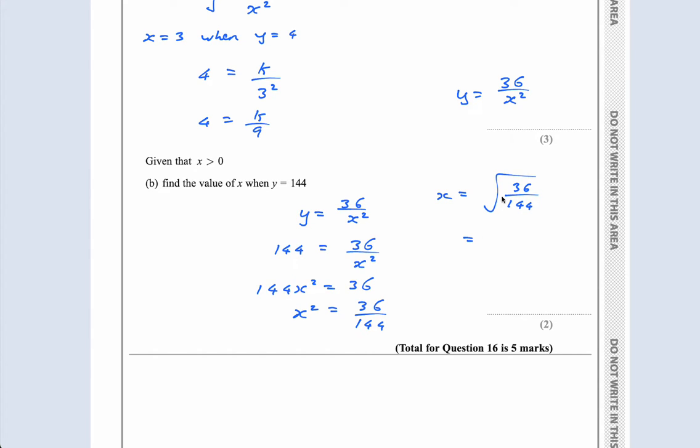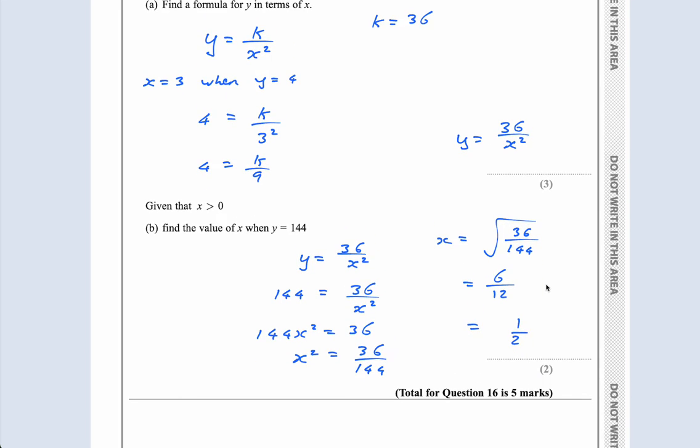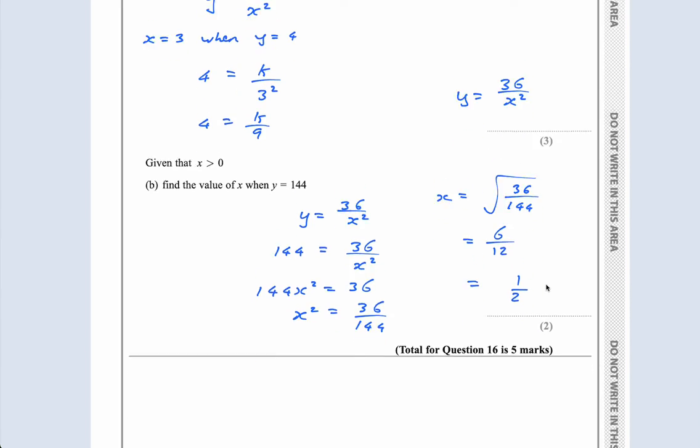Use your calculator, guys, but I actually know the answer. It's going to be 6, because the square root of 36 is 6, over 12, because the square root of 144 is 12, and 6 over 12, guys, simplified is 1 over 2, or 0.5. Okay, not too bad a question, I think, guys. I think everybody can do that.